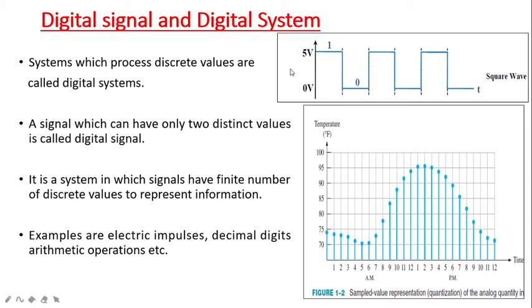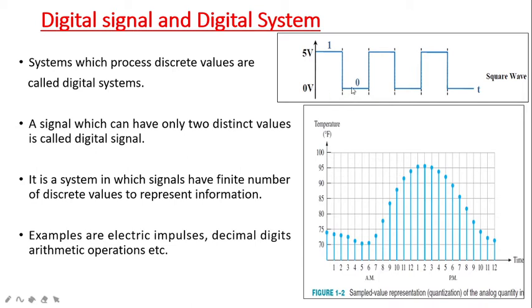How can we understand it in a very clear way? Now we can see what a digital signal is. A signal which can have only two distinct values is called a digital signal. Yes, consider this figure, we can see that it has only two distinct values, that is 0 volts and 5 volts.